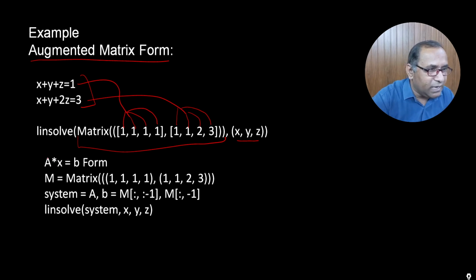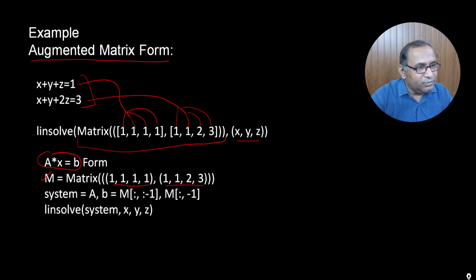If we are given Ax equal to b in the matrix form, then first we denote the matrix, which is 1 1 1 1, 1 1 2 3. This is the matrix, and then we will convert the matrix into the system. So see, here is the system: A is the A matrix and this is the B matrix.